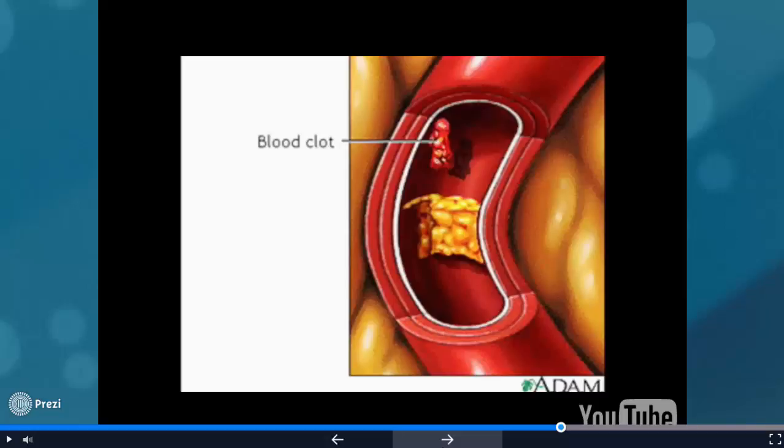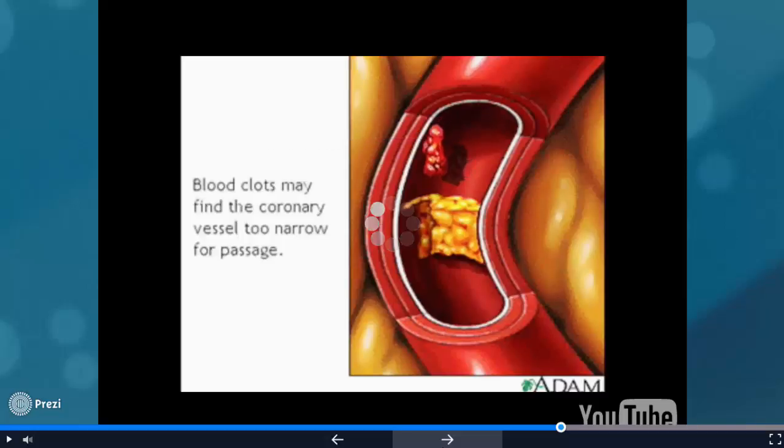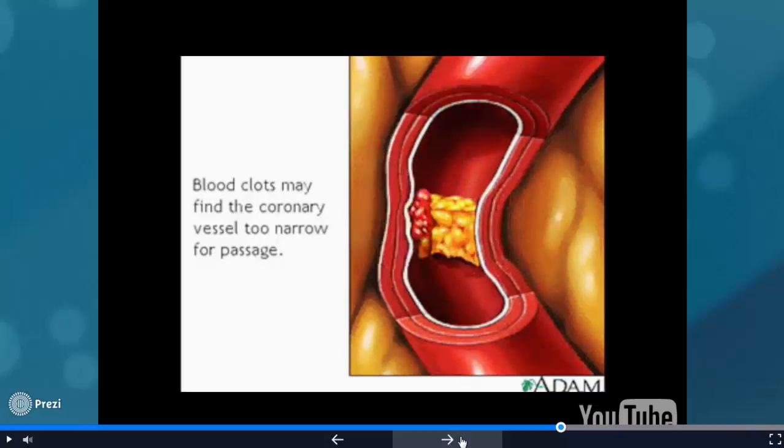Clotted blood attempting to traverse the blood vessel may find it tortuous and too narrow for passage, and the artery may become completely constricted or blocked off.